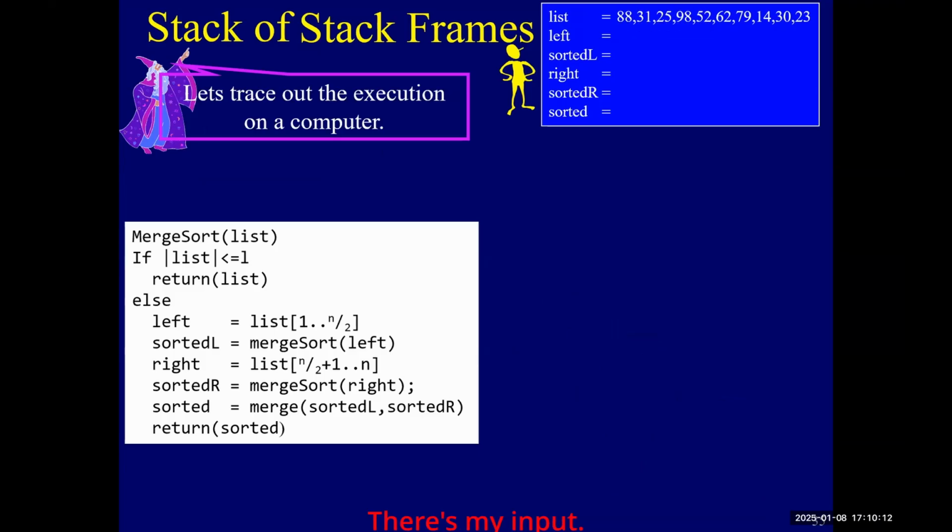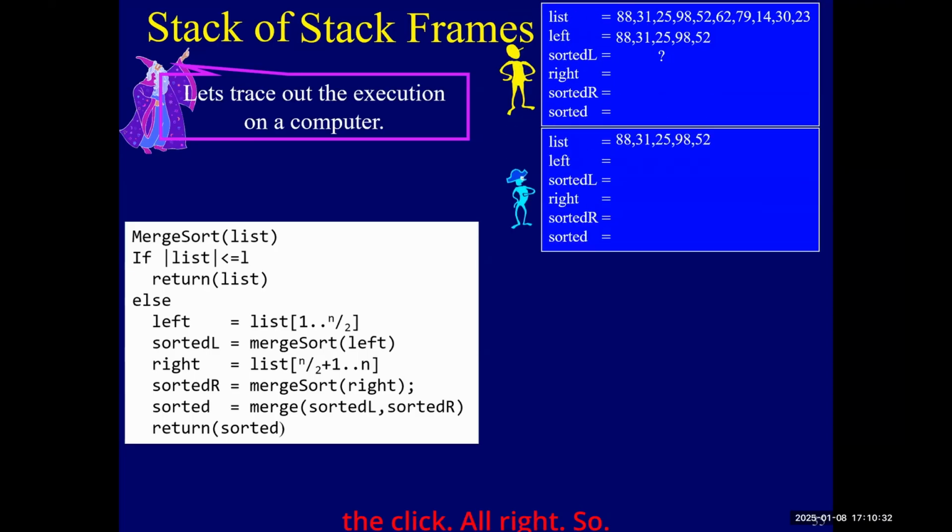So there's my input. I get my friend's input, and then I recursively call on my friend. There's a question mark. I call my friend, so bang. When we move things, we have to click. So I get paused.